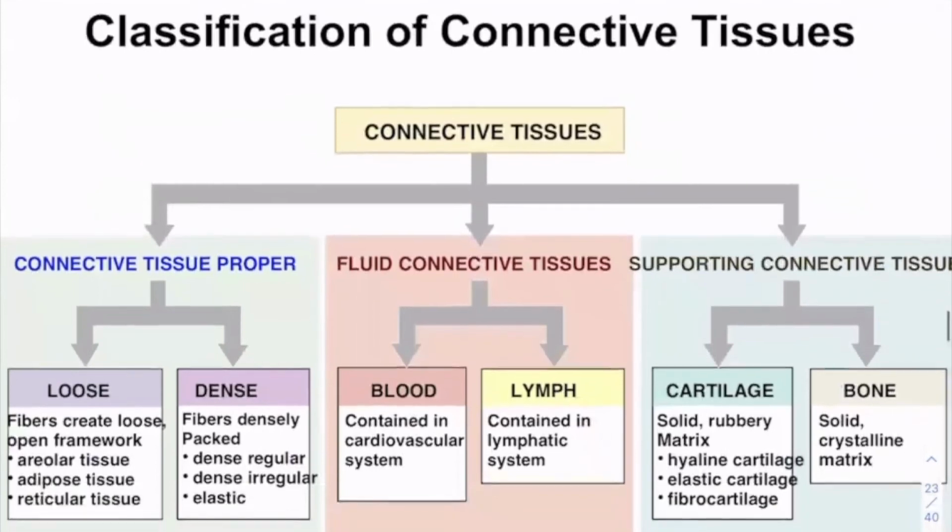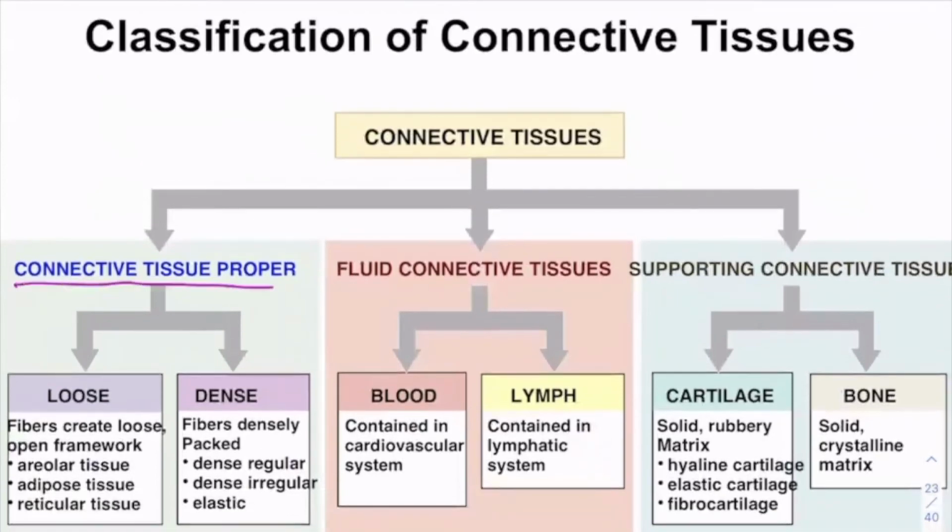And so you have three classifications. You have connective tissue proper, which means it properly connects things. It takes thing one and connects it to thing two, right?